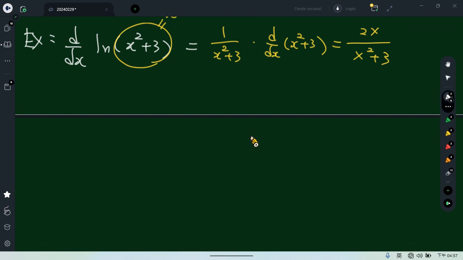Then we will talk about the properties of logarithm.